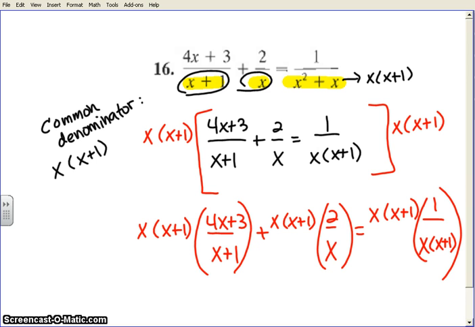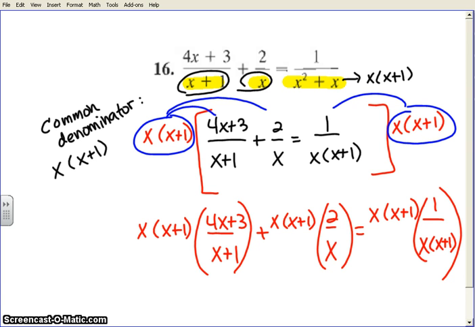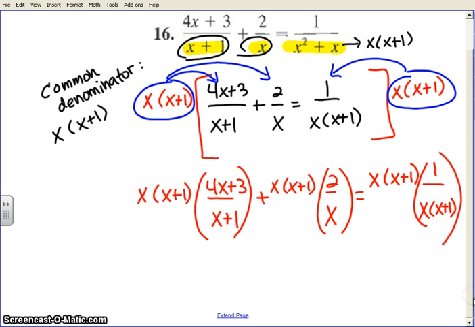So let's recall what I did. I took the common denominator and distributed it across the whole equation. Usually this part can be done in your head, but it's a good idea to have this written out so that you can reduce it.